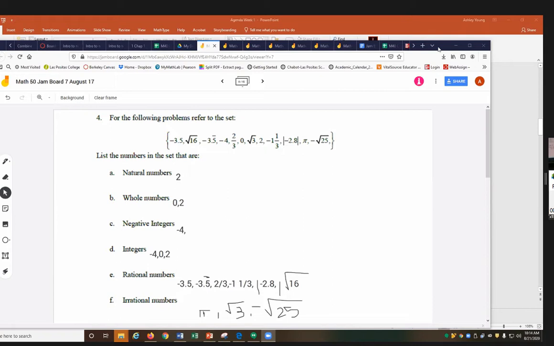Well, for A, we had negative 21. So it can be in the rational form because it could be negative 21 over 1. Perfect. Because any number over 1 is just itself. Great.